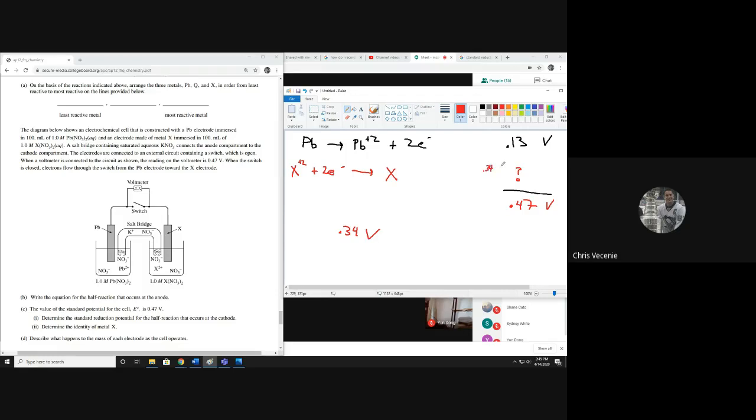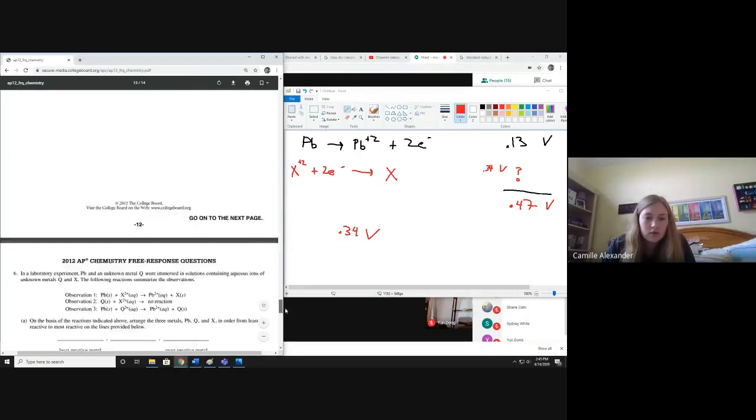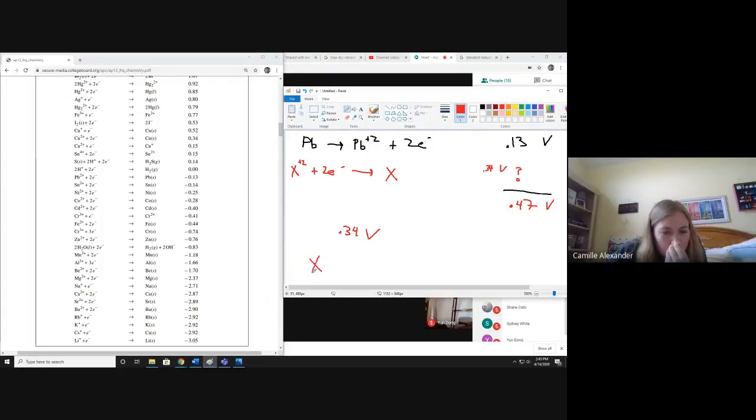So how can I use that to figure out who it is? You can look at that list. So if we go up here, we scan, we find 0.34, right? Who's 0.34? Copper. There it is.